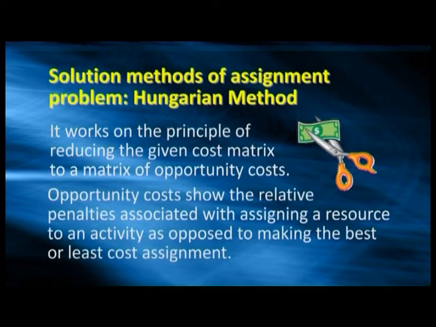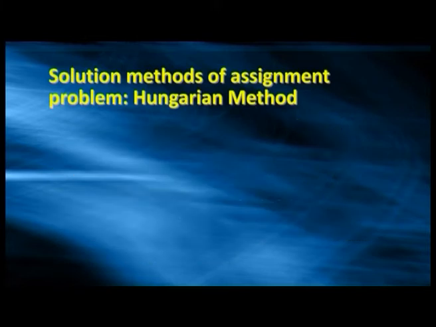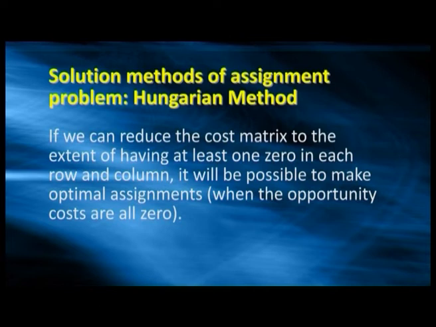Opportunity costs show the relative penalties associated with assigning a resource to an activity as opposed to making the best or least cost assignment. If we can reduce the cost matrix to the extent of having at least one zero in each row and column, it will be possible to make optimal assignments when the opportunity costs are all zero.